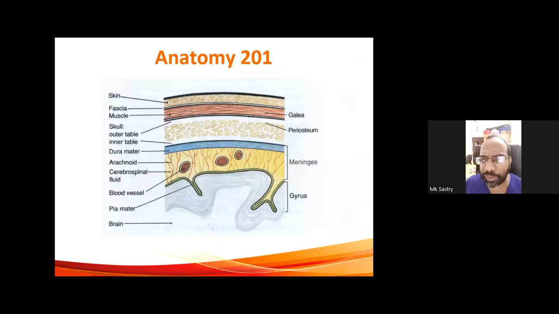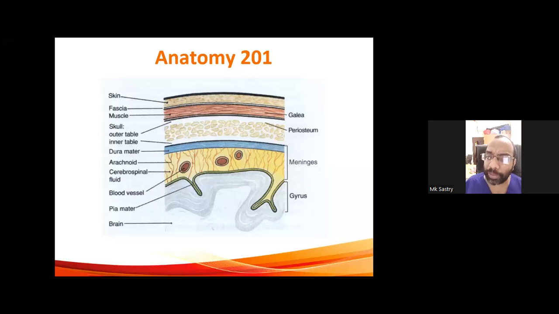You can see this is the fascia and this is the muscle. People say fascia can be released by this, that, this. It is not possible. If you read a close anatomy, it is not possible to release the fascia like this.